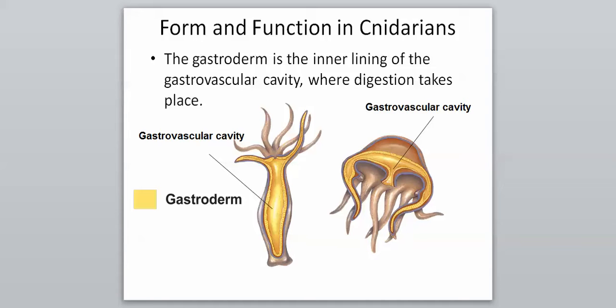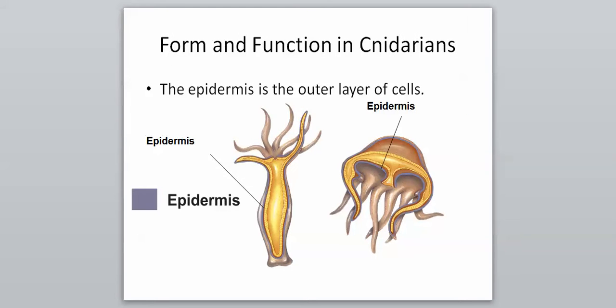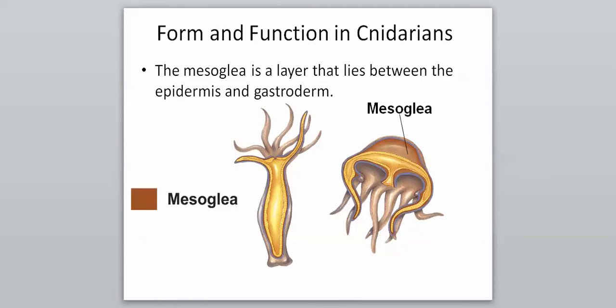They have to have this big open space in order to digest their food. Then they have what's known as the epidermis, which is just the outer layer of cells, which we've heard in plants and now in animals as well. The last one, the new word, is the mesoglea, a layer that lies between the epidermis and the gastroderm. This is basically the filler material between the digestion and the outer area.